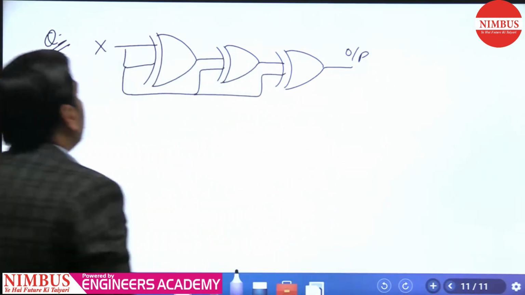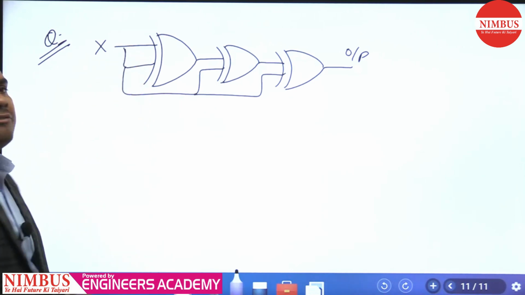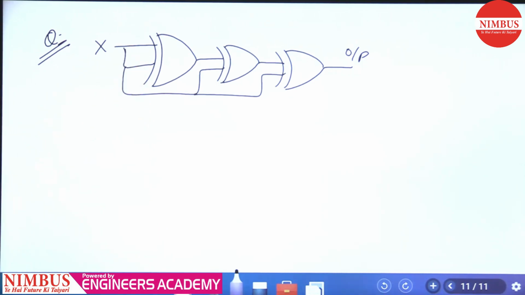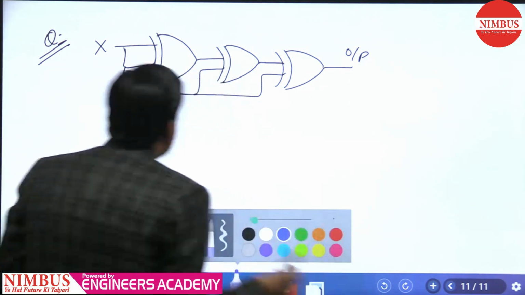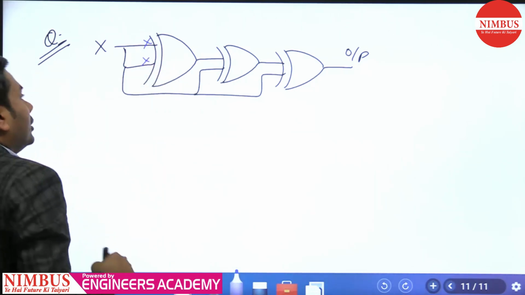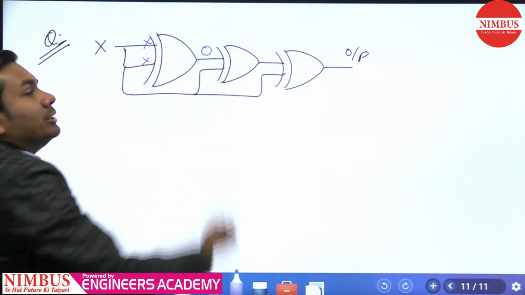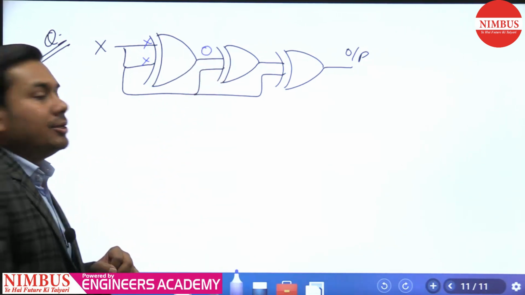You have to find out the output of this given circuit. The answer is simple: we have X and X. For the XOR, we know that if we are having the same input, then the output will be at logic 0.